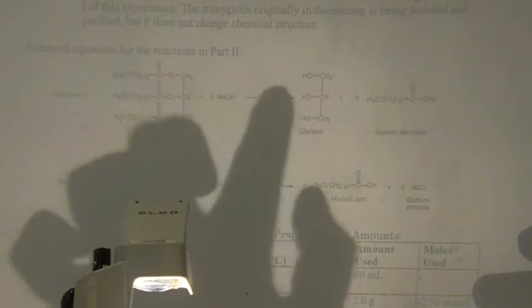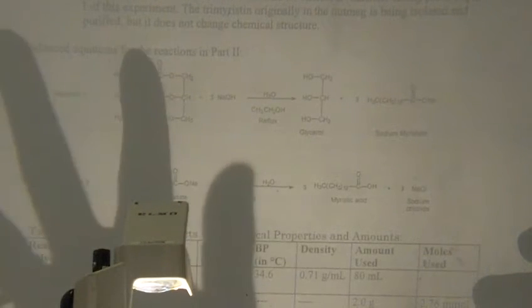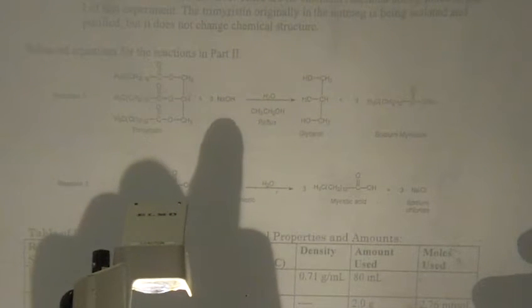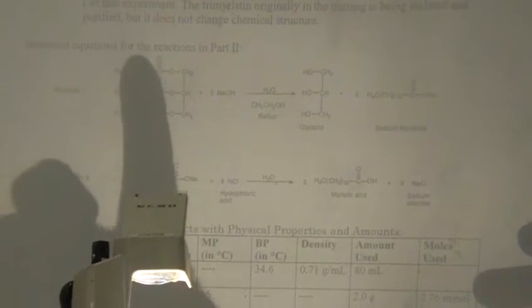So over the week, see if you can figure out what is going on here as to why we have 1 trimyristin to every 3 sodium hydroxide molecules, and then from here on out we carry the 3 through when we convert it to glycerol and sodium myristate, and then the sodium myristate is then converted to myristic acid. There's always 1 trimyristin to 3 at the end.